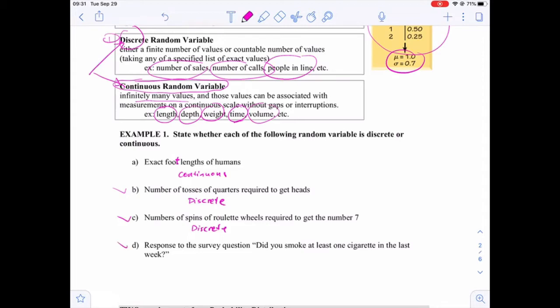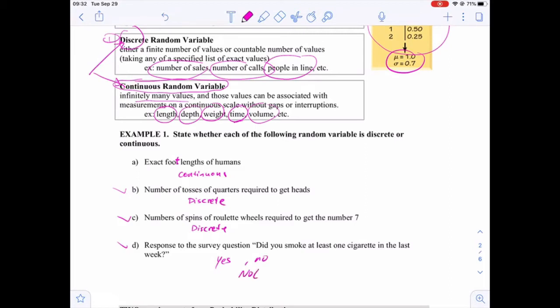The last part, a response to the survey question: did you smoke at least one cigarette in the last week? Here the answer is either yes or no. We don't have numerical values, and we don't have a specific value related to some event, so a random variable cannot be defined here.